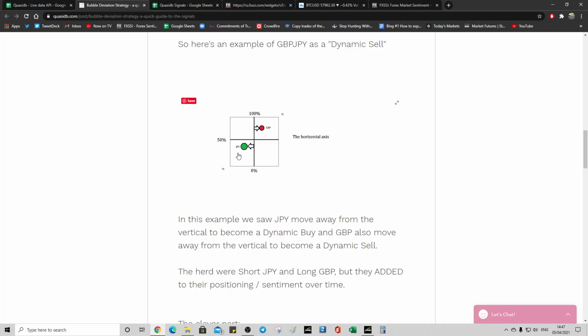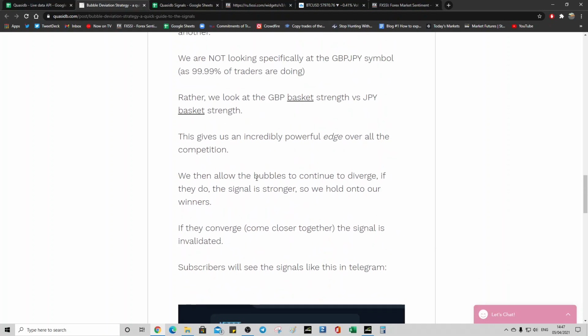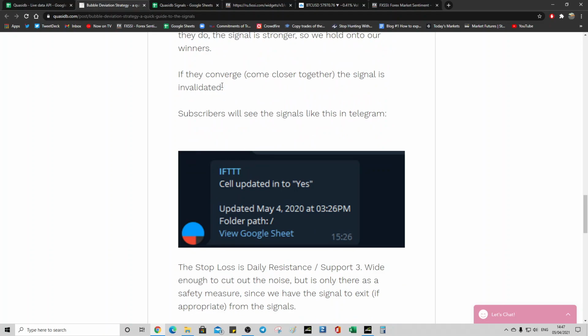Okay, so if they do cut and reverse, then our signals will suffer as a consequence. We need them to be typically retail and to add to losers, and then if they do, then that's awesome. And so if they converge, they come closer together, the signal is invalidated, and so that's the no message. This is the soft stop.